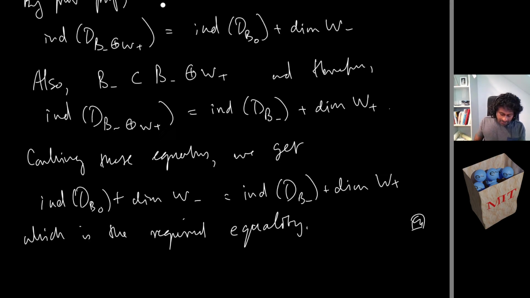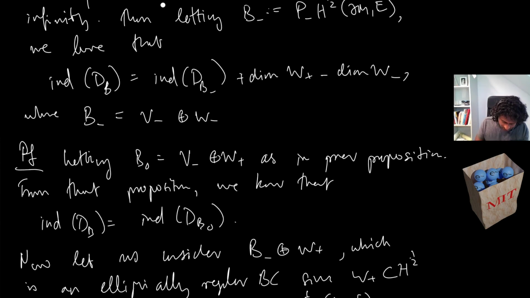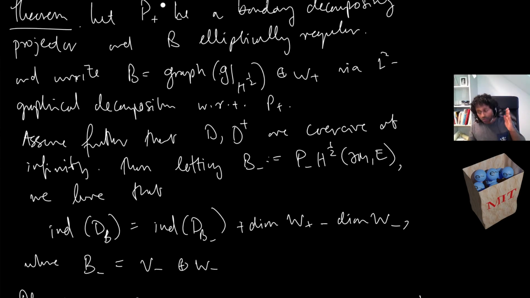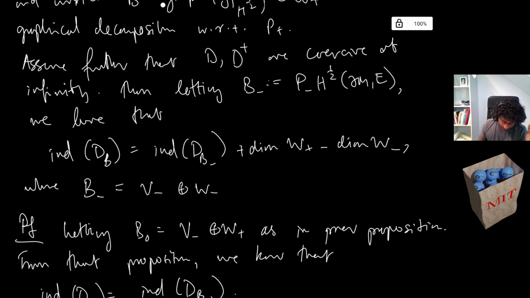But the upshot is that we are now able to precisely understand, you give me any general boundary condition that's elliptically regular, and as long as the operators that we're working with are coercive at infinity, so they have an index, we can understand the potentially very complicated boundary condition in terms of the index of this fixed boundary condition which we compute with respect to a boundary decomposing projector of our choice.